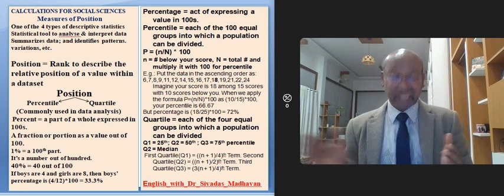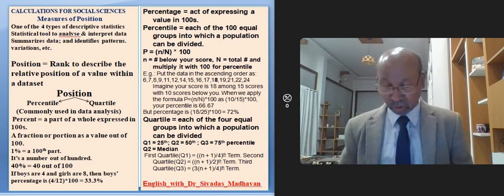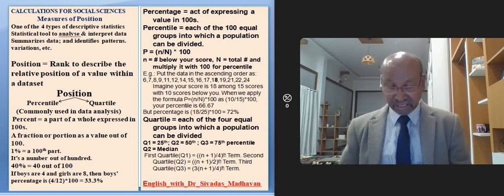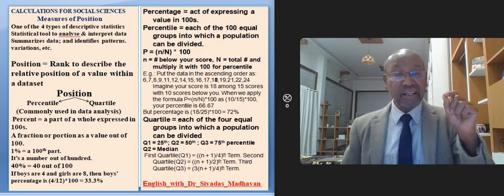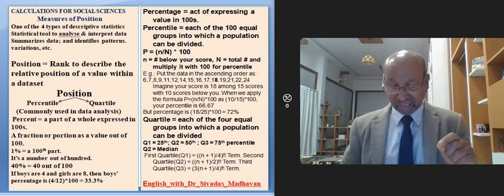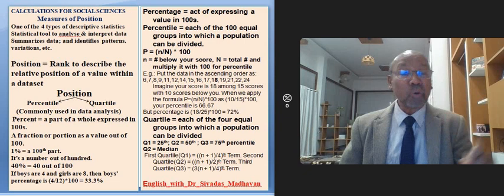And there are certain formulae to calculate quartiles also. The first quartile is the (n plus 1) divided by 4th term.